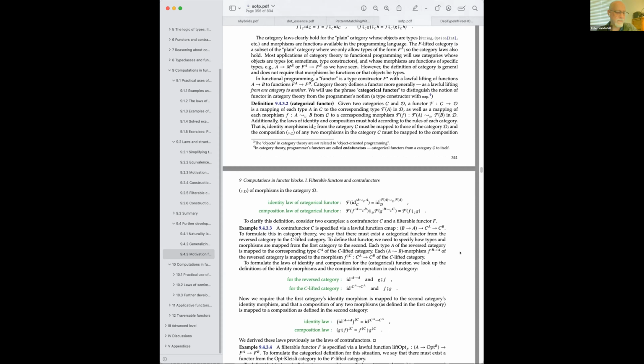You can derive one from the other. So it gives you a justification for why you might pick that particular set of laws versus some other set of laws, or leave one out or add an additional one, whatever.